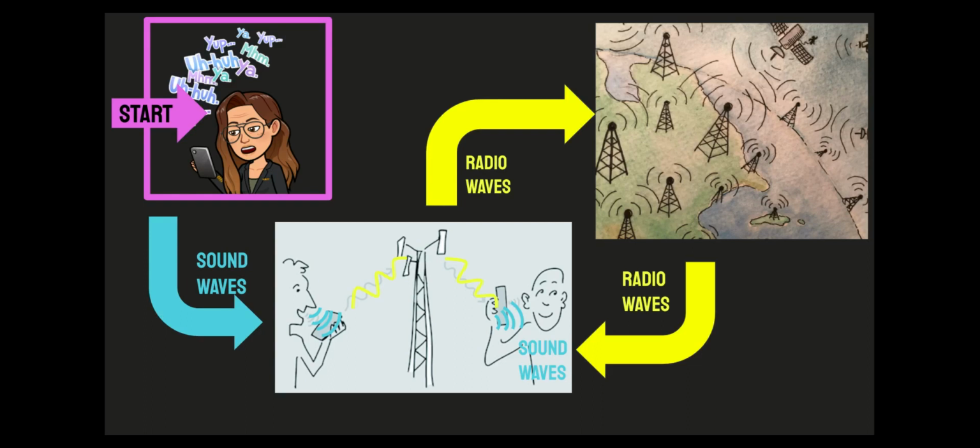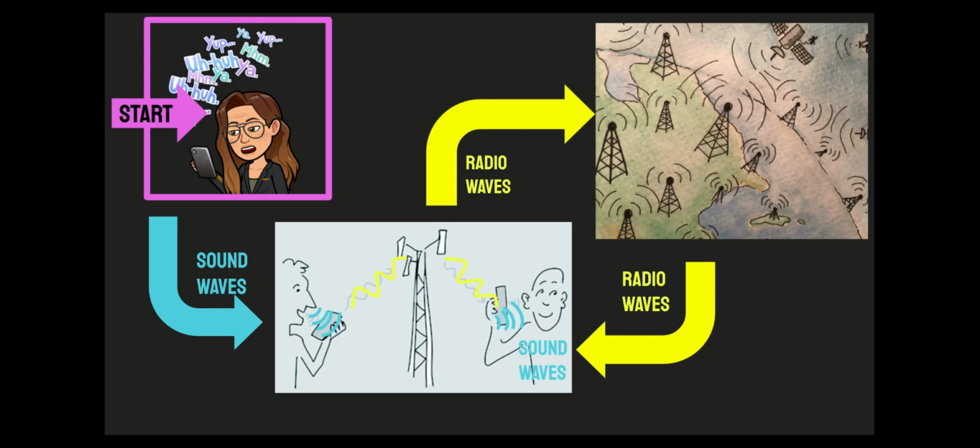It all starts with the sound waves that come from your voice box. The cell phone picks up those sound waves and converts them or translates them into invisible radio waves, those waves we can't see.